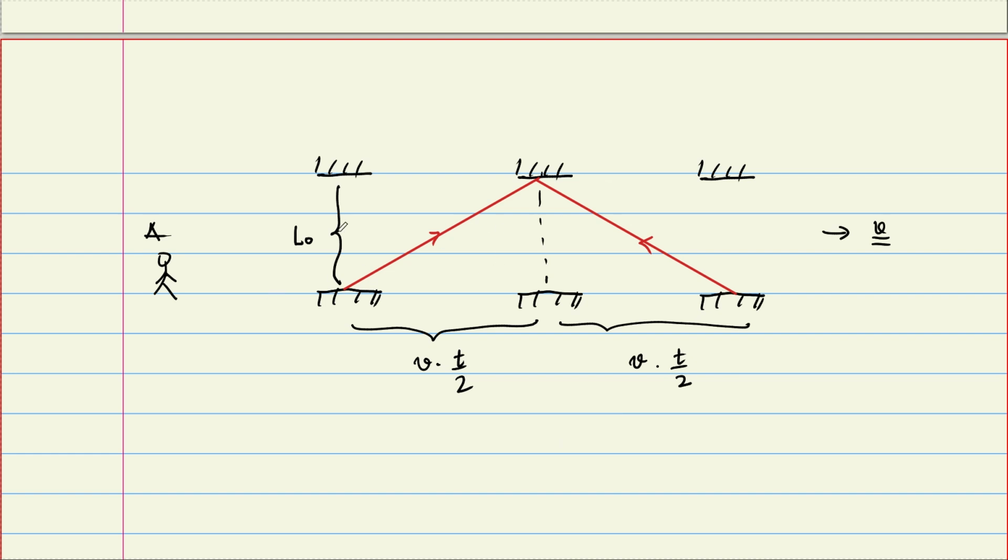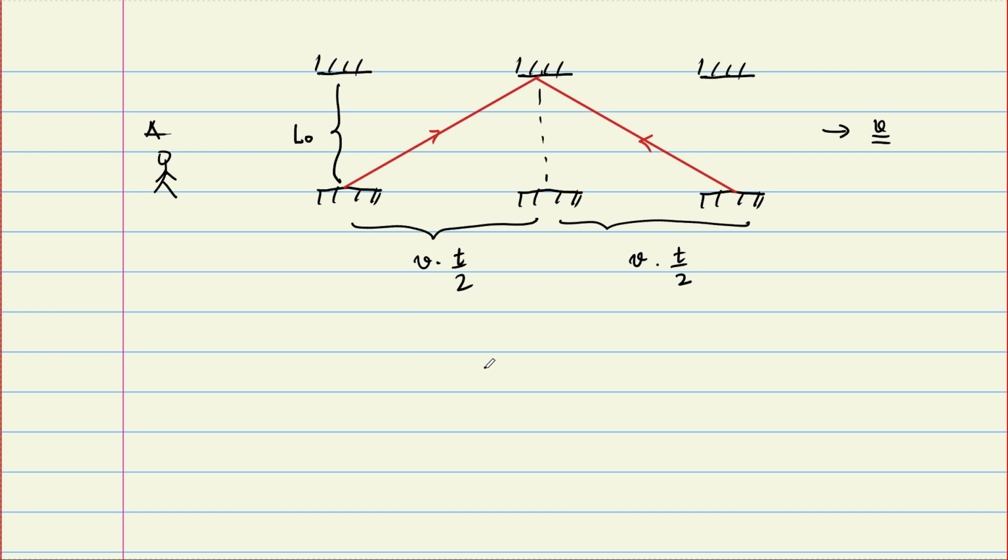And the total length, we know the Pythagorean theorem, right? This length is going to be equal to the square root of the sum of the squares of these sides. So maybe I can just calculate half of the total time, which is the same thing. L0 squared plus v squared t squared over 4, and I'll take the square root of this entire thing.